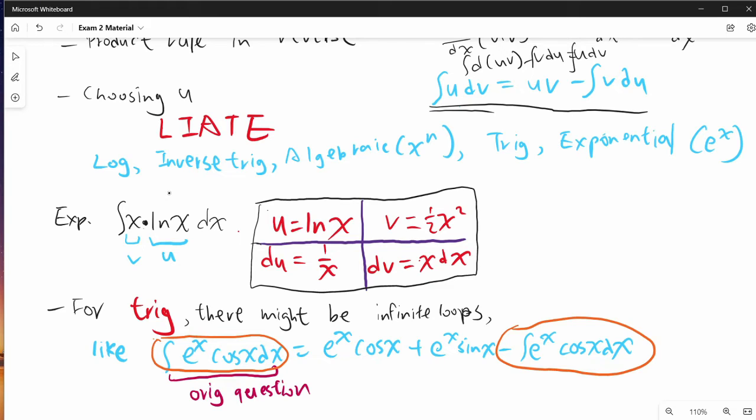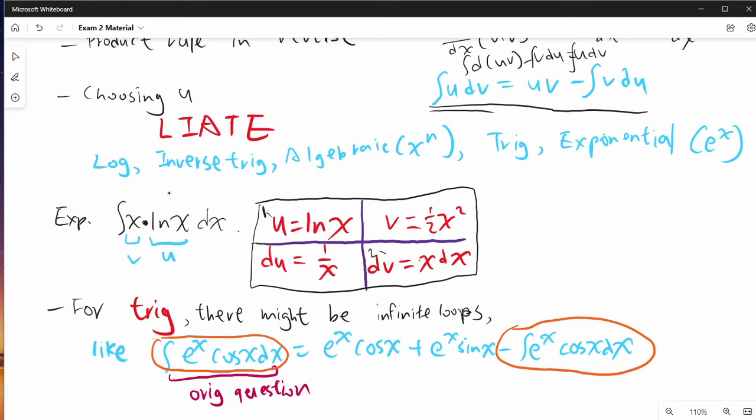I should draw these. But fill out this box first, this box second, and then you can do the other two wherever you like.